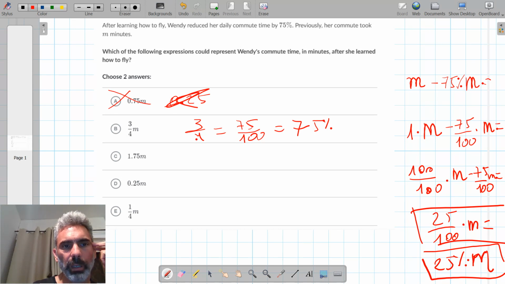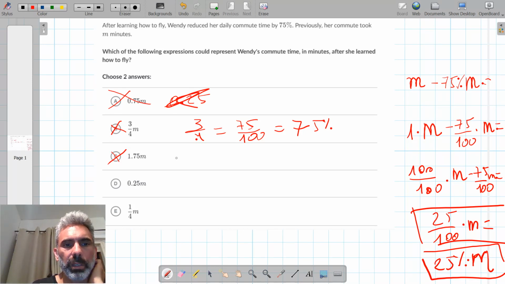So B and A are essentially the same, and they are incorrect because Wendy's commute time after she learned to fly is not 3/4 of m, it's 1/4 of m, 25% of m. C is incorrect because her commute time didn't increase, it has decreased.